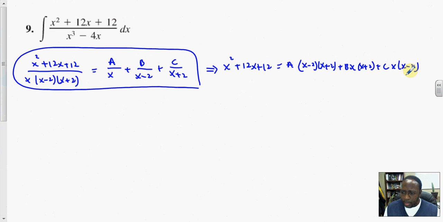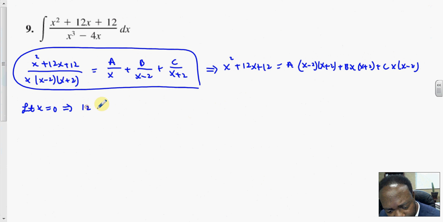Okay. So three things that we're going to let. We're going to let x equal to 0, let x equal to 2, and then thirdly, let x equal to negative 2. So first, let x equal to 0. This implies I plug in 0 everywhere I have x.